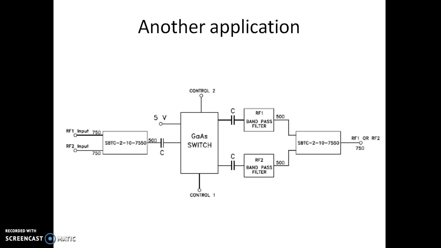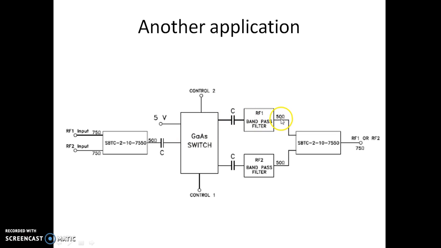So this is a gallium arsenide switch where the mobility of the electrons in these devices is very high. Now you can see, depending on control 1 and control 2, a particular switch will be operated, and this combined output will be passed through a band pass filter to select RF1 output.